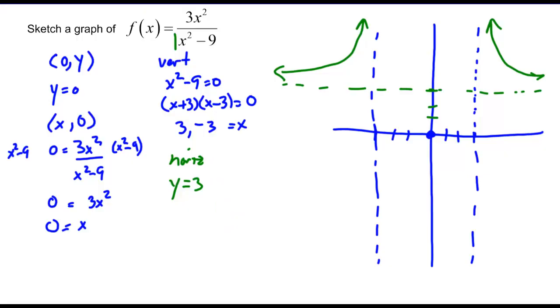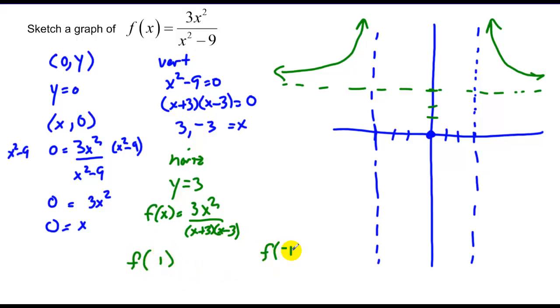I'm going to, once again, use my equation, but the equation I'm going to use is a factored form of this equation, so I'm going to look at f of x equals 3x squared over x plus 3 and x minus 3, and I'm going to plug in f of 1, and f of negative 1. So when I plug in 1, you'll notice the top is positive.